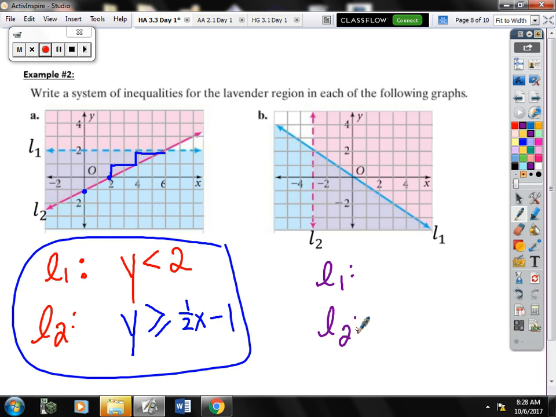Think about your slope and your y-intercept. What do you think? Garrett? Y is greater than or equal to -2 over 3x.